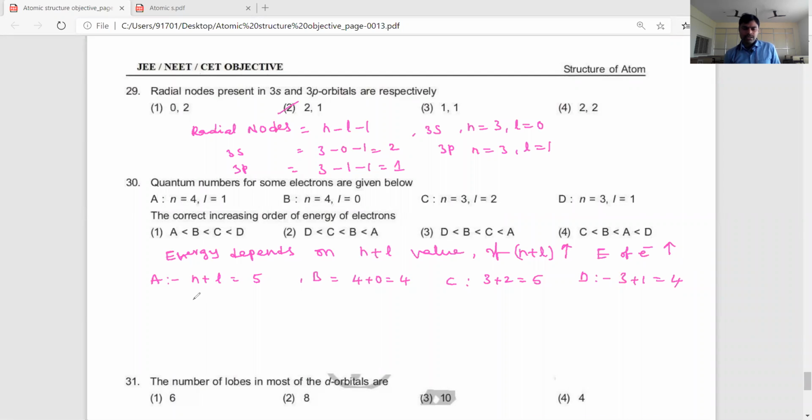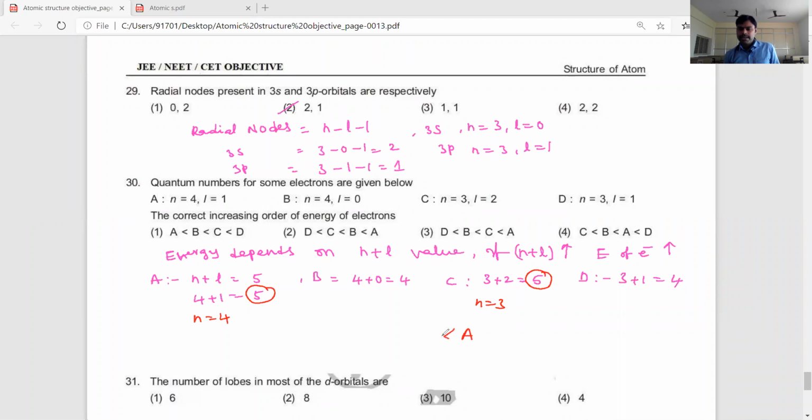See the first option, n plus l means 4 plus 1 is equal to 5. If you observe the two values, the first option n plus l is equal to 5, and the third option also n plus l is 5, but here n is equal to 4 and here n is equal to 3. The one having the more n value has more energy.